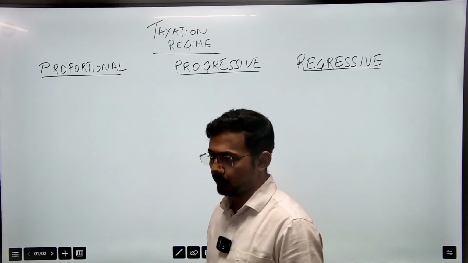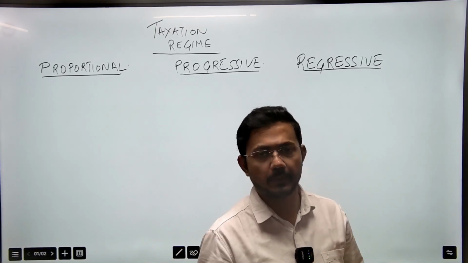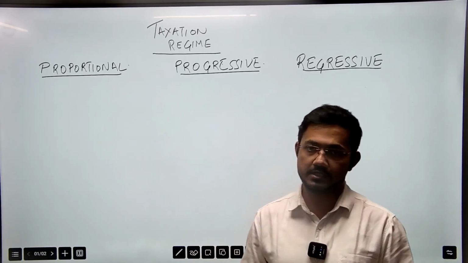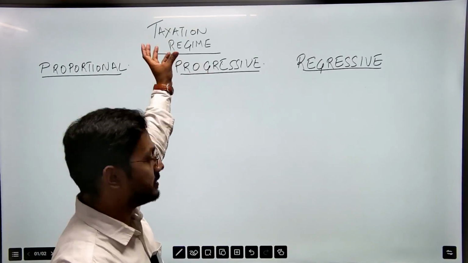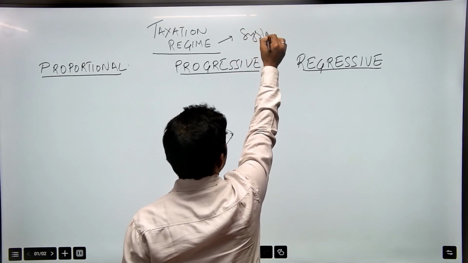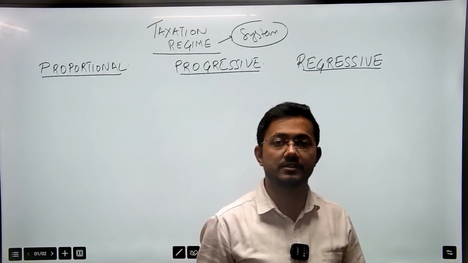Last video you have seen different topics like tax base, tax rate and tax amount. Based on that knowledge, I have brought the related concept of taxation regime. The word regime means system. You can also say different types of taxation system.